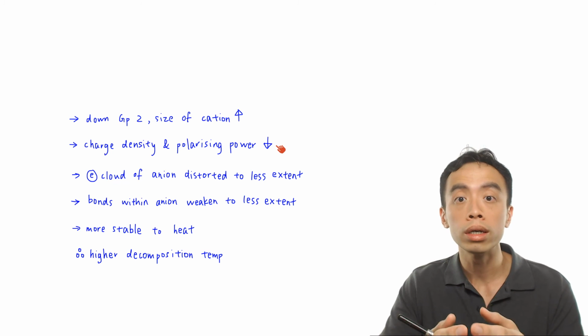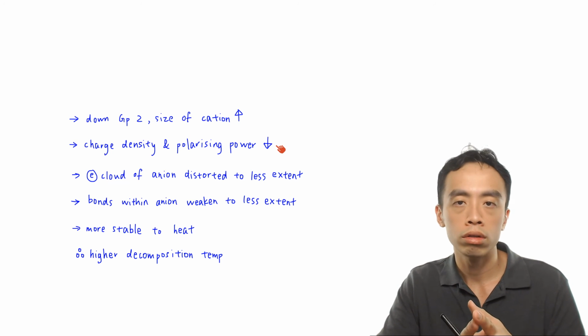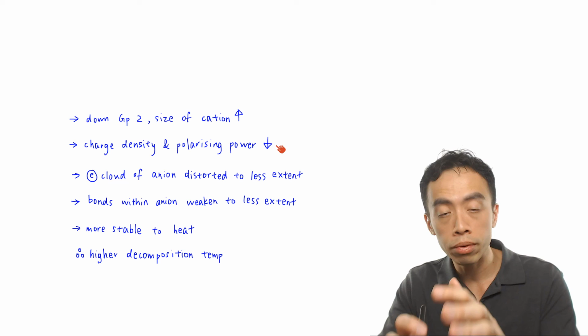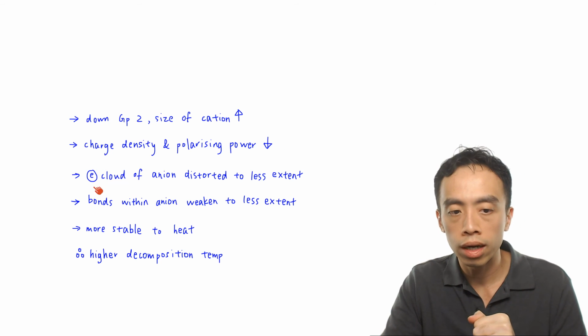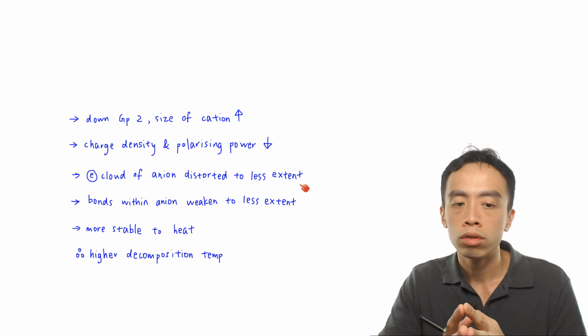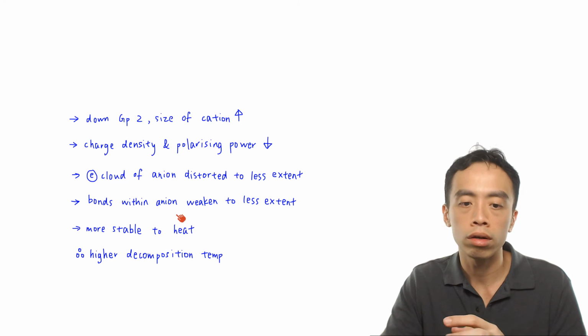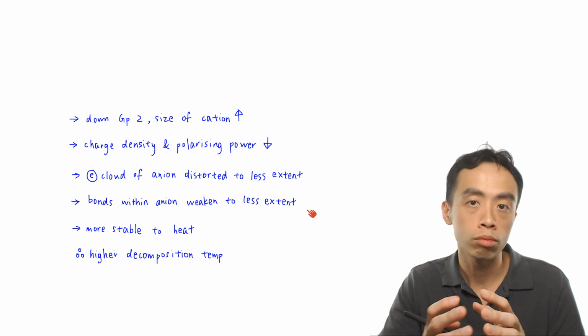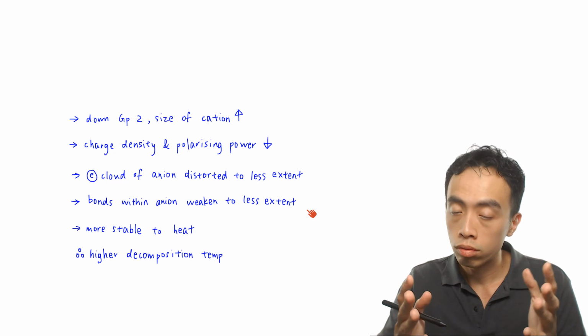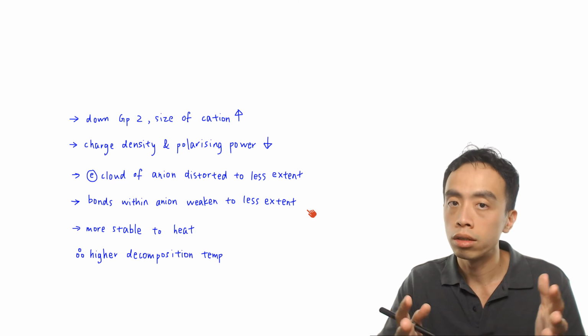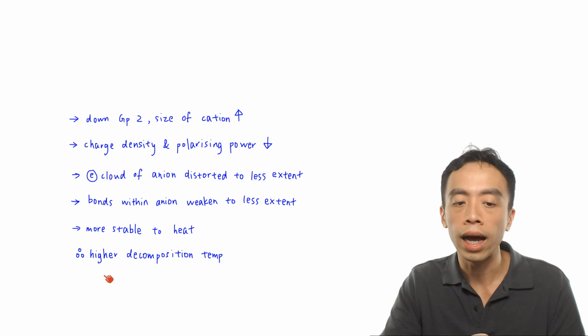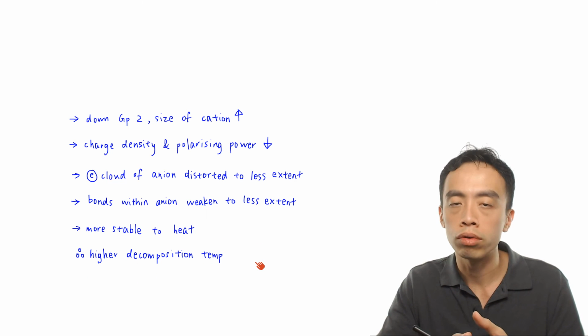So there's a weaker ability for the metal cation to distort the electron cloud of a neighboring anion. So the electron cloud of the anion will be distorted to a smaller extent, and the bonds within the anion will be weakened to a smaller extent. What this means is that it is more stable to heat, or I need a higher temperature to decompose the salt.